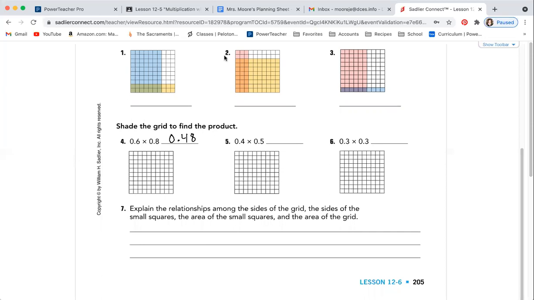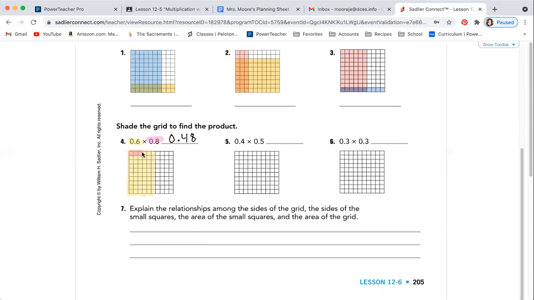Let's prove it. So let's shade with your lighter color, 6 tenths: 1 tenth, 2 tenths, 3 tenths, 4 tenths, 5 tenths, 6 tenths, going one direction. And then I'm going to use another color going the other direction to model 8 tenths.